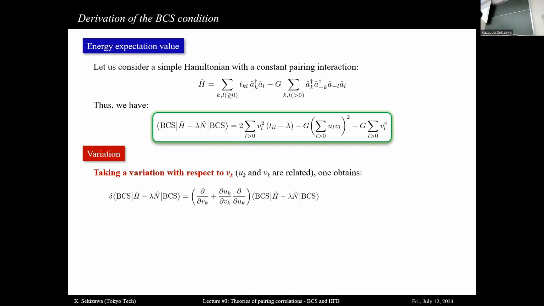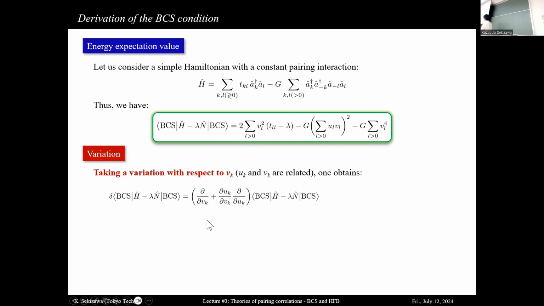Okay, but now please note that U and V are not independent. They are mutually related through the normalization condition. So, right, U square plus V square equals 1. So you can perform variation in this way.